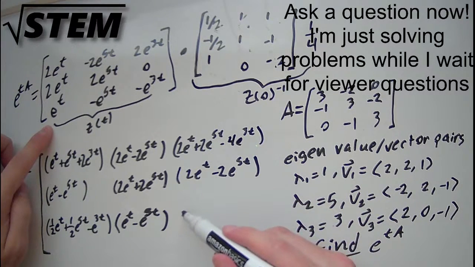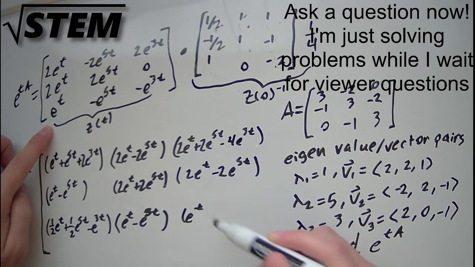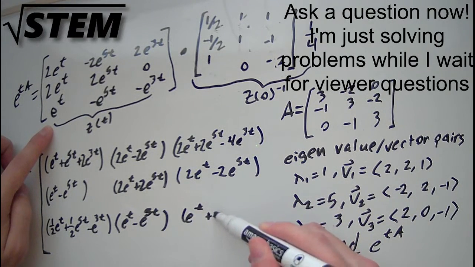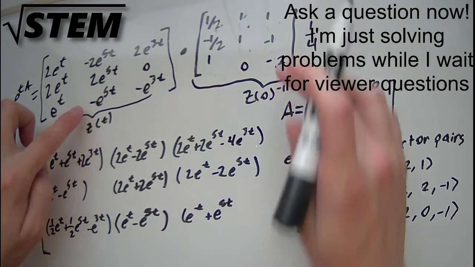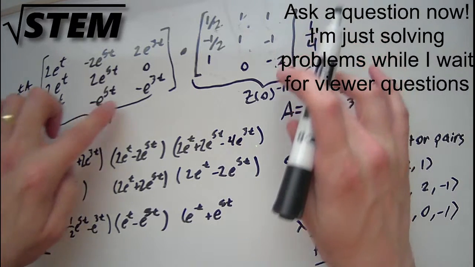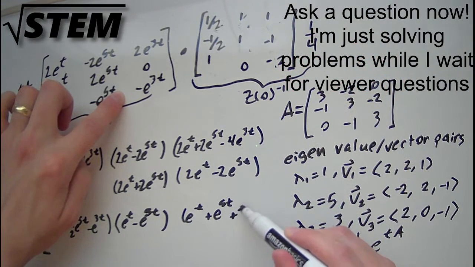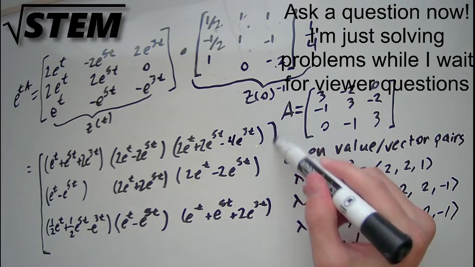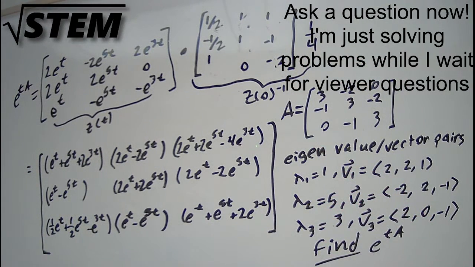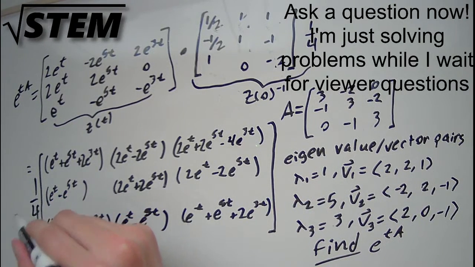And finally we'll have e to the t plus e to the 5t plus 2e to the 3t. And there it is. Oh, all times 1/4.